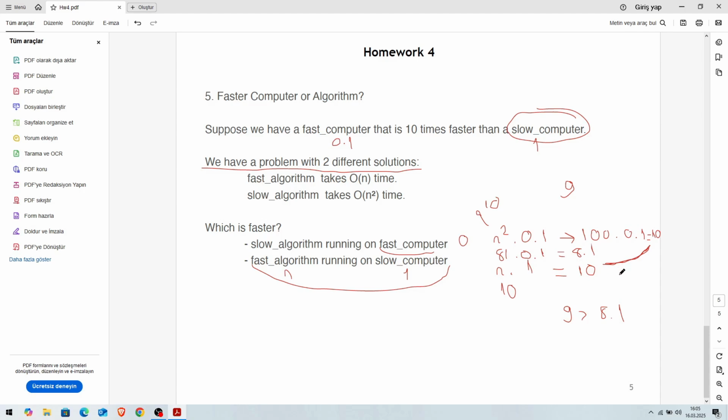It shows us that when we have a value lower than 10, the slow algorithm running on the fast computer is faster than the fast algorithm running on the slow computer. But when we have values bigger than 10, our fast algorithm running on the slow computer is faster than the slow algorithm running on the fast computer.